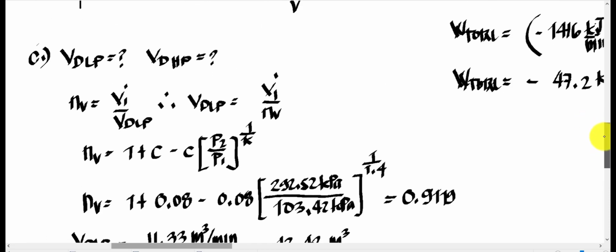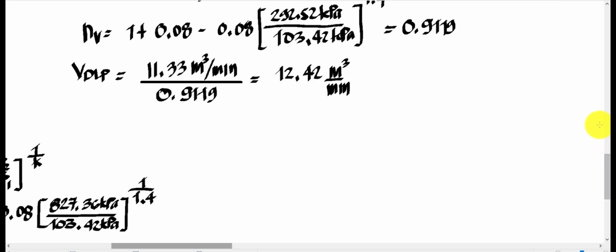So, okay, solutions here. Volume displaced at the high stage pressure will be equal to volume 3 prime divided by the volumetric efficiency.